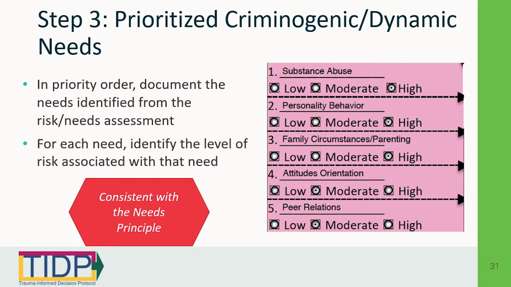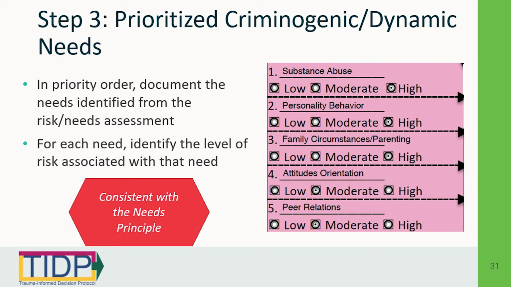And what we know is that AJ had 4 dynamic criminogenic needs that were rated as high, but one of them was leisure recreation. Okay? His intake and the YLS indicate that substance use, personality behavior, family circumstances, and parenting were probably the top high need areas on the YLS CMI.